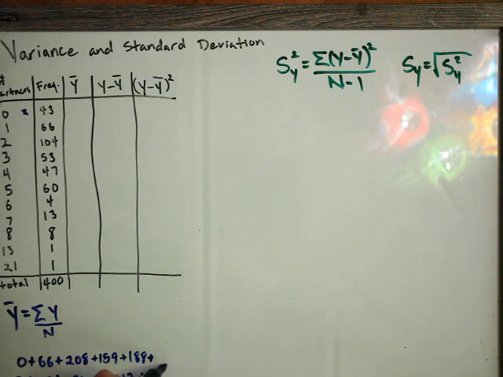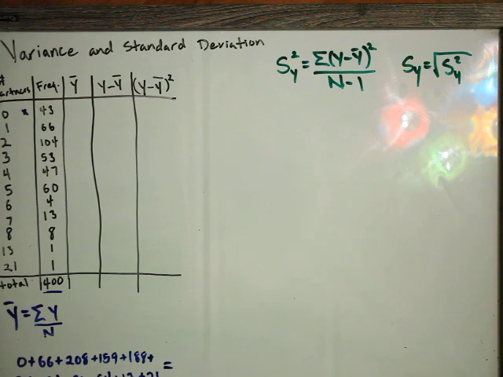Now we can add these up and divide by 400, which is our total. Remember that n is the total number of people or observations in the data set, not the total number of categories. That's k. K is the total number of categories, which in this case is 11, but n is 400.